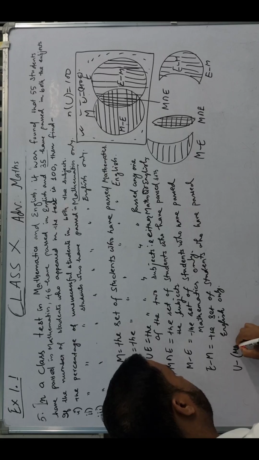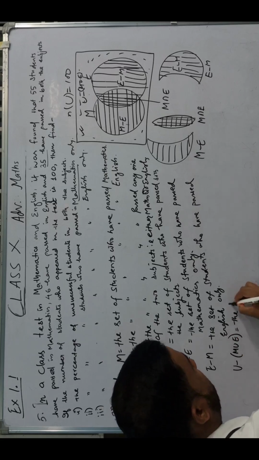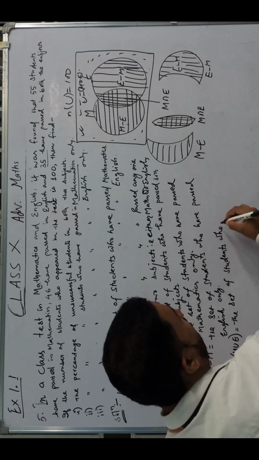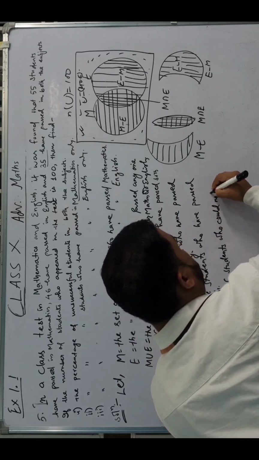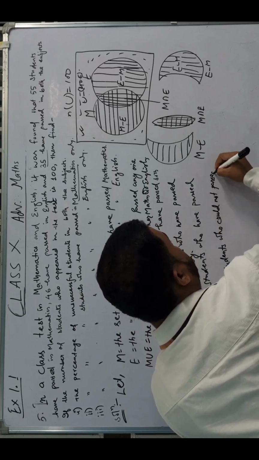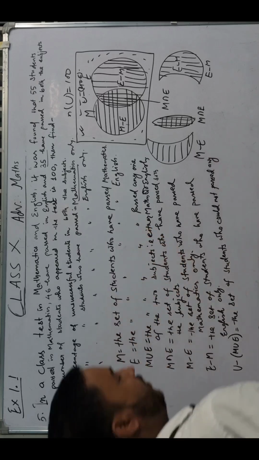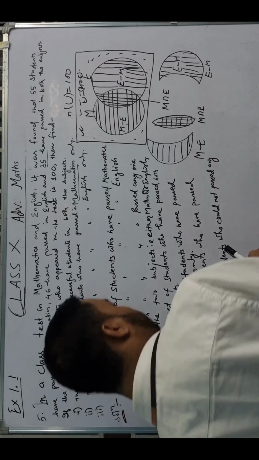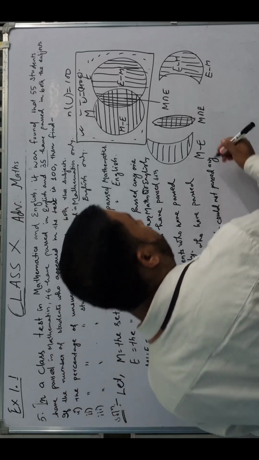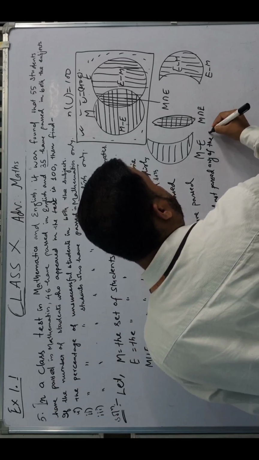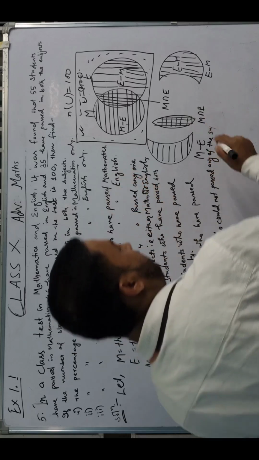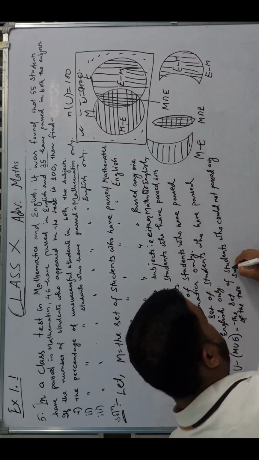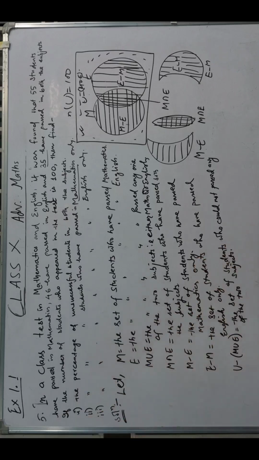U difference M union E is the set of students who could not pass any of the subjects, the set of unsuccessful students, you can say, who could not pass any of the subjects.